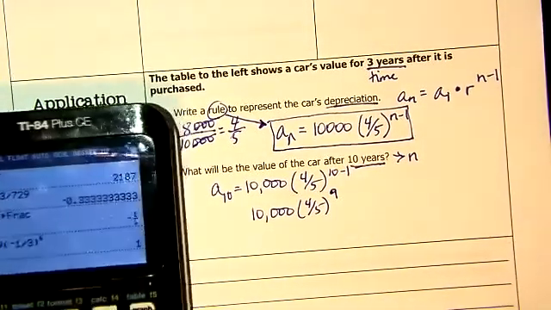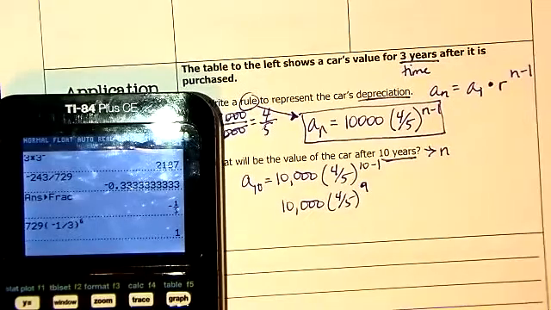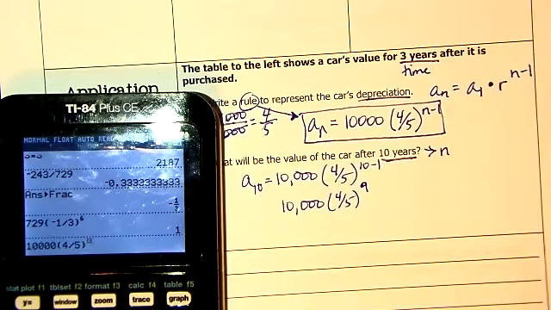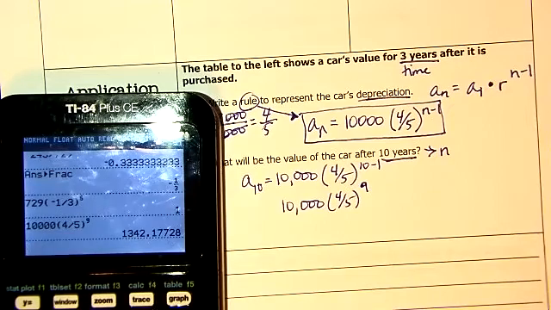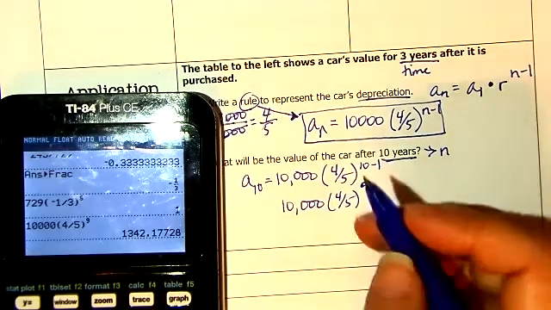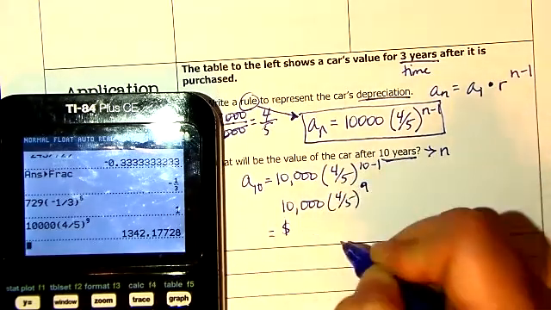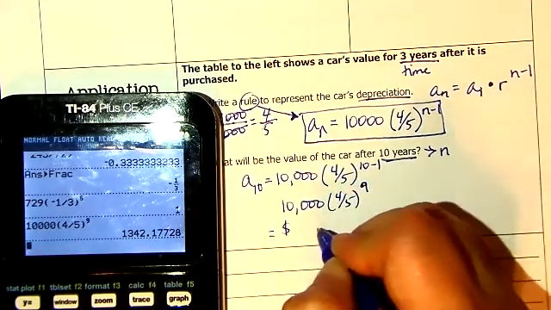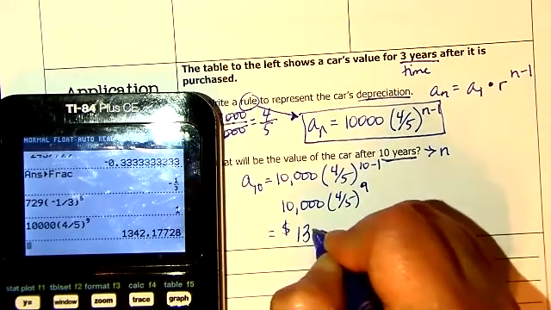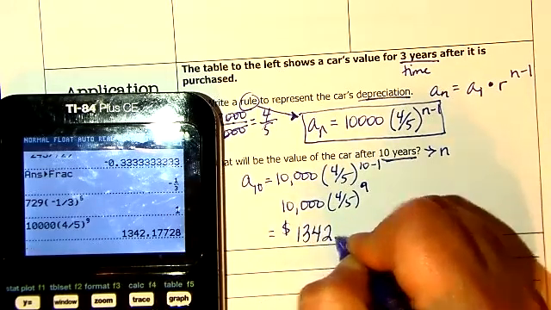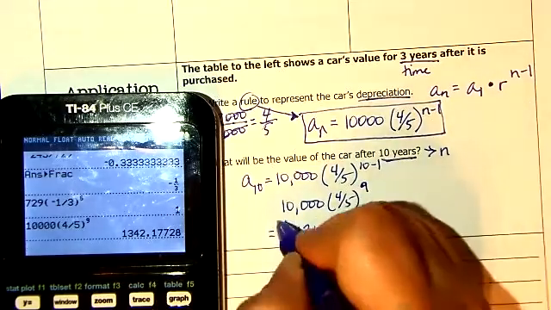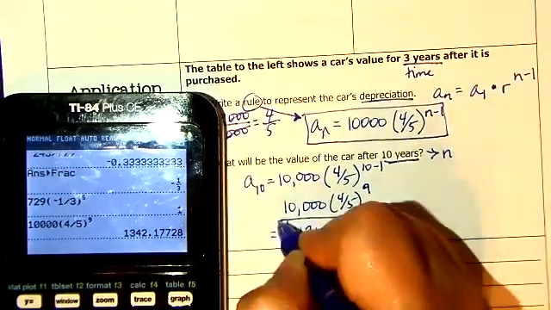So we have 10,000, open parentheses, 4 divided by 5, close parentheses, raised to the 9. Enter. Now, we're talking about money here, so we have to round to the correct decimal place and include our units. So our answer is $1,342.18, because we have to make sure that we round correctly.